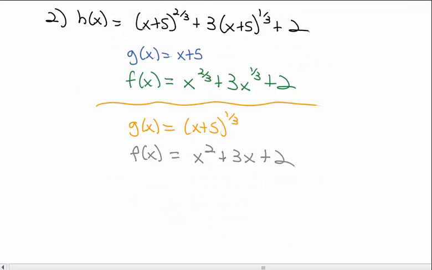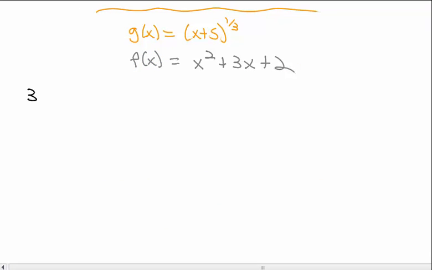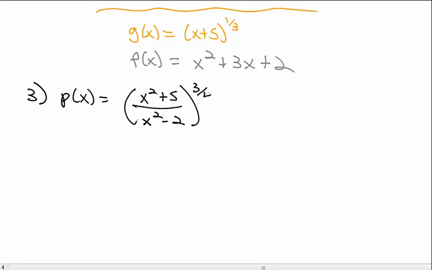In fact, we can extend this idea out to several variables. Let's say p of x is equal to x squared plus 5 over x squared minus 2, and the whole thing is to the 3/4 power. Now what you might notice is in the very innards this repeated thing of x squared. We're going to call that our most inner function, h of x. Then around that is built a fraction function.